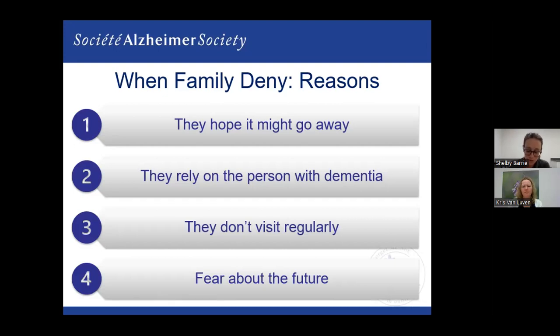So maybe that person was doing the grocery shopping or the laundry, or was the primary driver in the household, or helped with the meals or managed the finances. So often when there's a diagnosis of dementia, at some point there's some shifting in roles within the family.